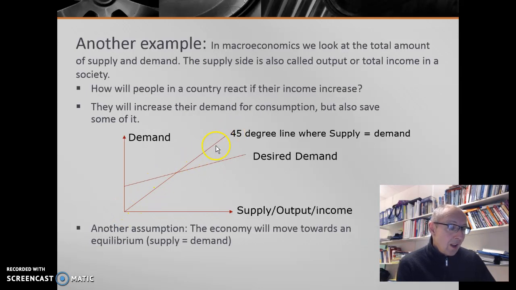The 45-degree line here would be where supply equals demand, or where income equals demand. And then we get an equilibrium here, where we have desired demand equal to income, and also supply equal to demand. So this would be an example of an equilibrium. And also it would be a starting point.